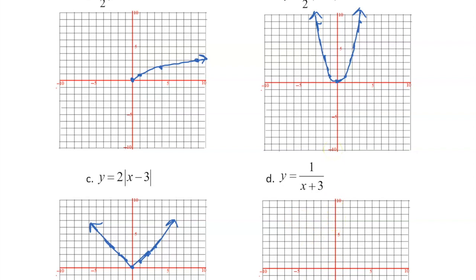Okay, the reciprocal function we might need a little bit of a review on. So this was y equals the square root of x, this is y equals x squared, this is y equals the absolute value of x, and this is going to be y equals 1 over x.